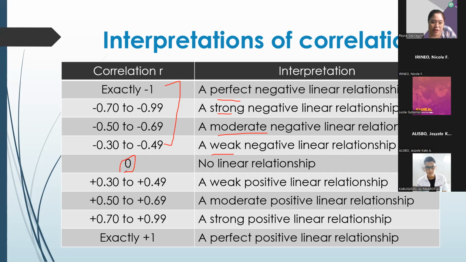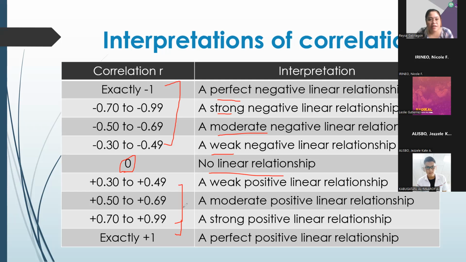But during computation, if you get this value, 0, exactly 0, it means there is no linear relationship among the two variables. Na pag naging positive yan, ay hanggang positive 1 pala. Ayan. So, hanggang positive 1 ha, there is a relationship.